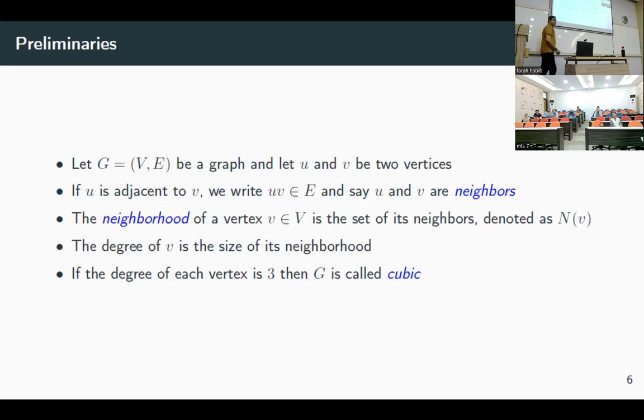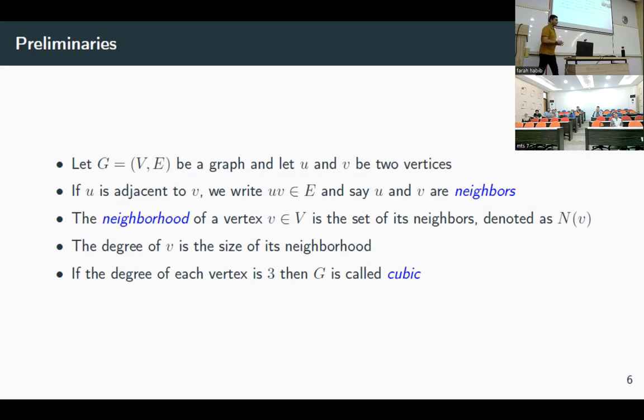Okay, so if G is a graph and u and v are two vertices, and if u is adjacent to v, we write uv, and we say that they are neighbors. The entire neighborhood of a vertex v is denoted as N(v), and the degree of v is the size of its neighborhood.